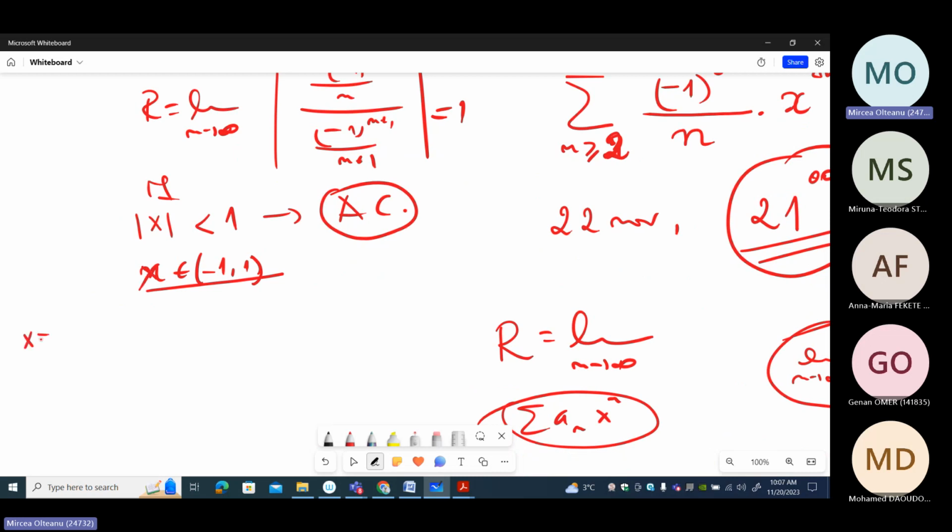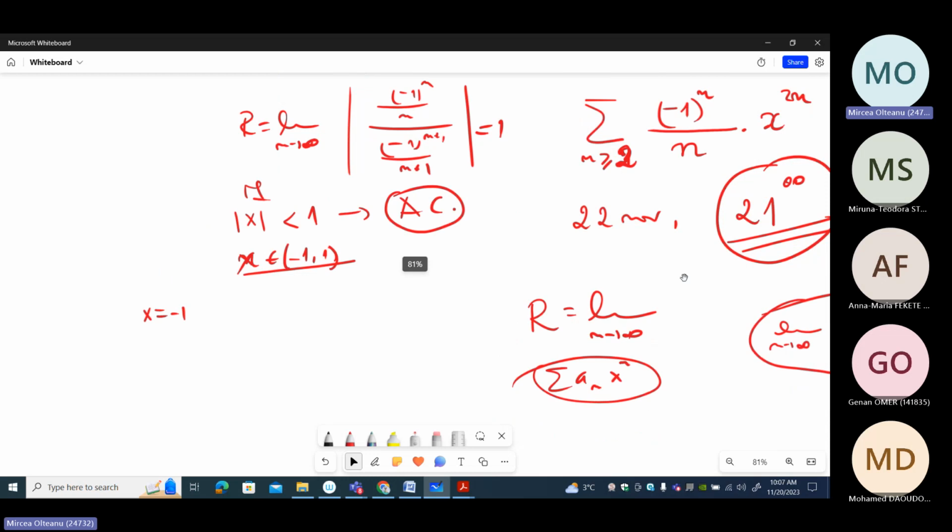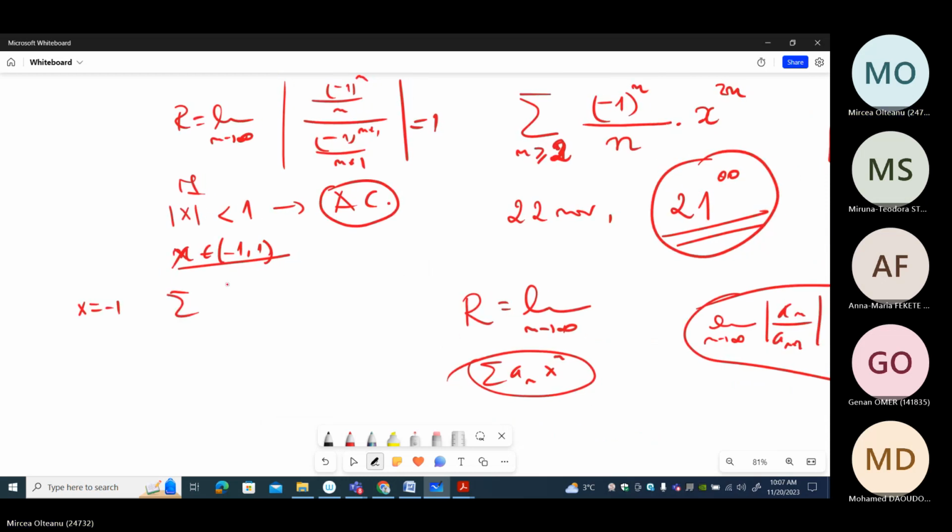So if x equals -1, we get a series. This series: (-1) at 2n, it's 1. So we get the series. How is this series? Is it convergent or divergent? Convergent. Obviously convergent, yes.